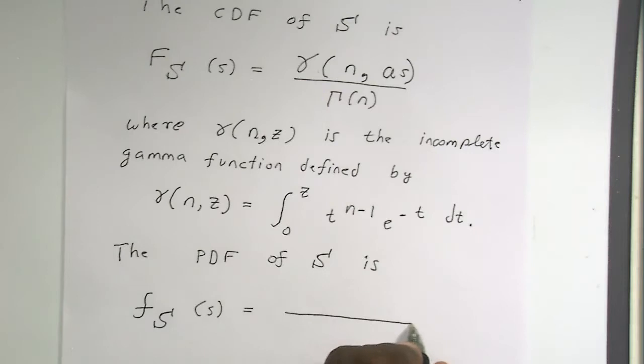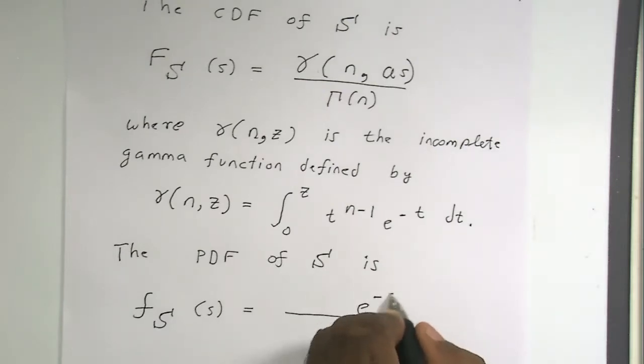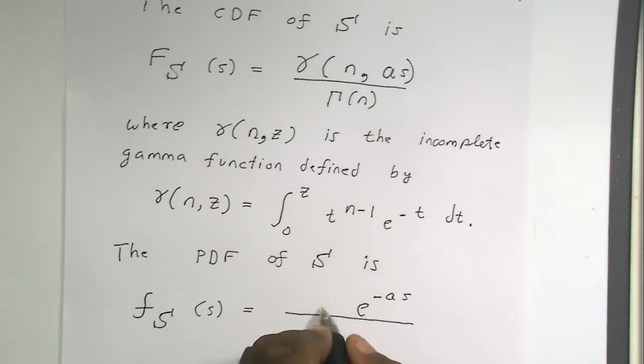I'm trying to remember what it is. I think it's, correct me if I'm wrong, is this the density of the gamma distribution? Yes? I can't remember exactly.